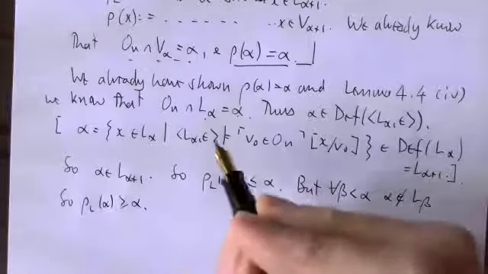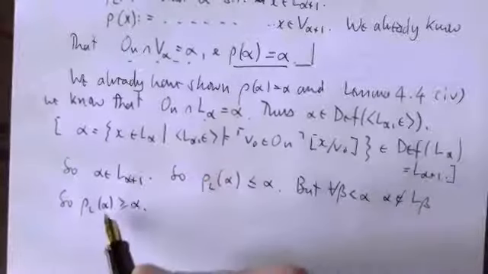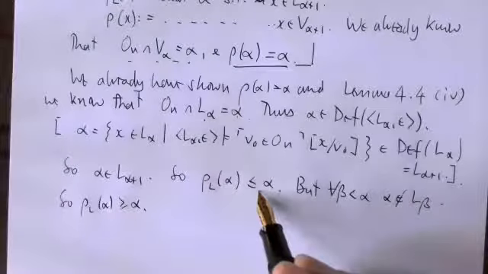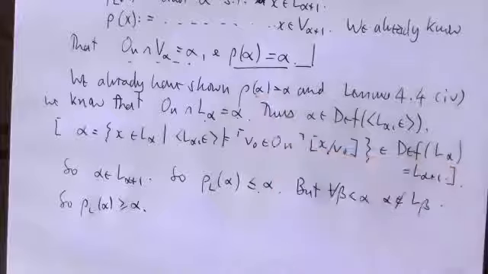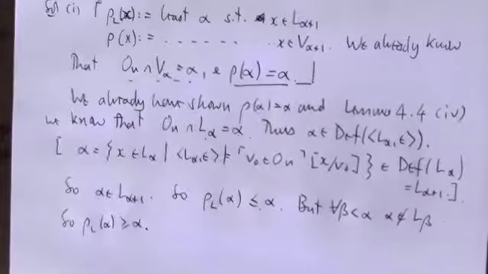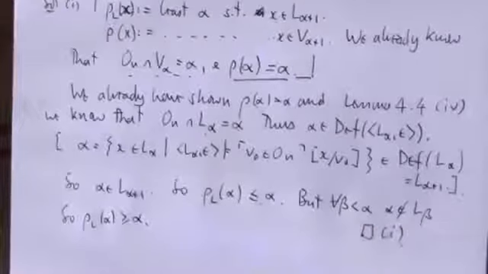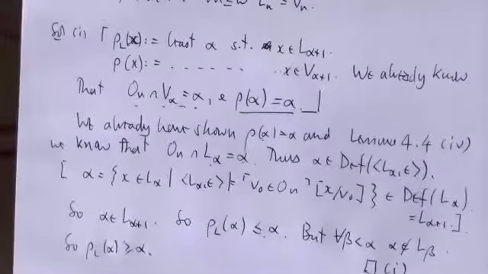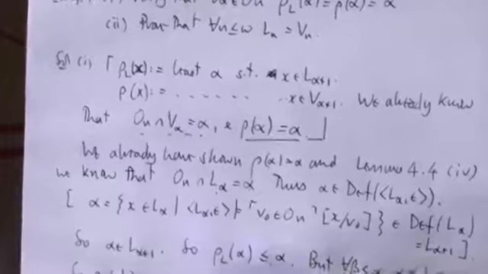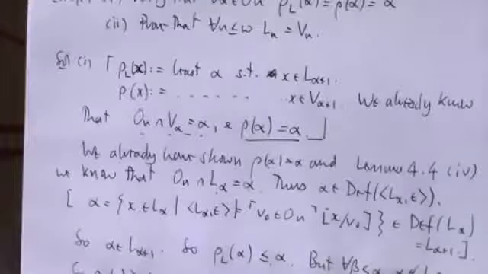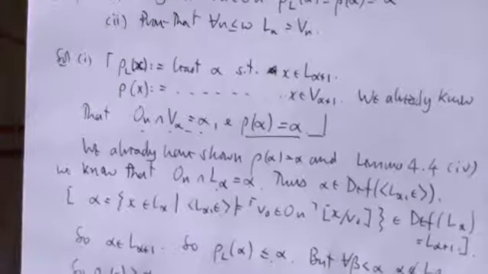So we have what we wanted. The L rank of alpha is alpha, and that's the same as the V rank of alpha. Right, so that tells us what we've been asked in question 1, part 1.